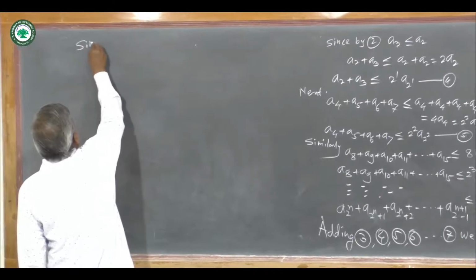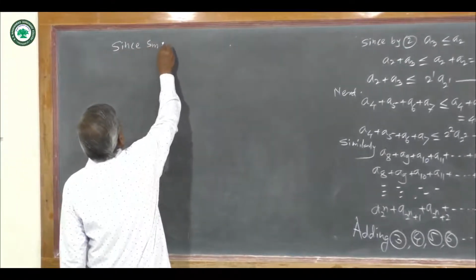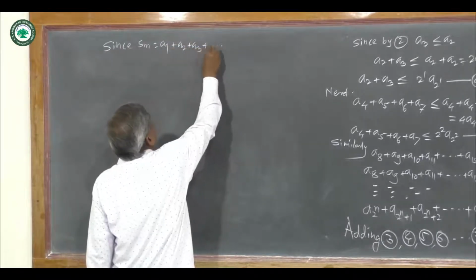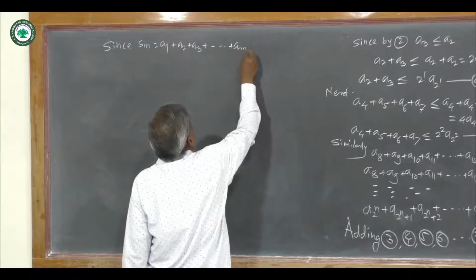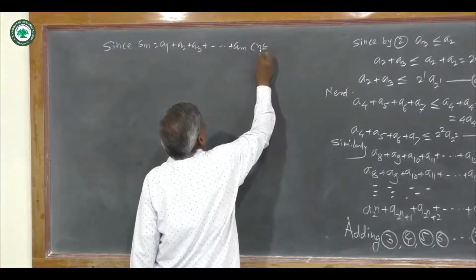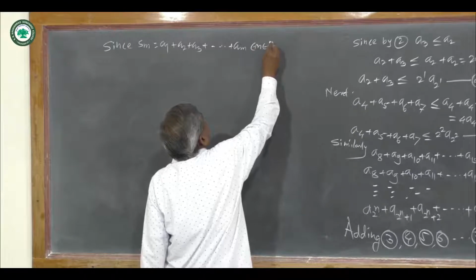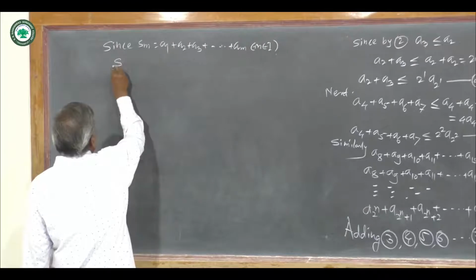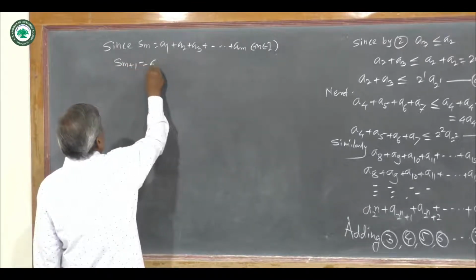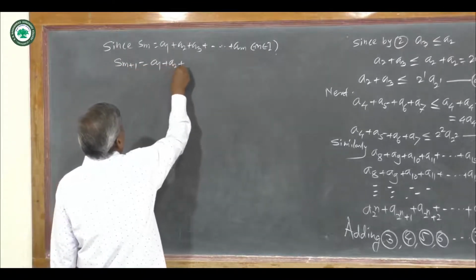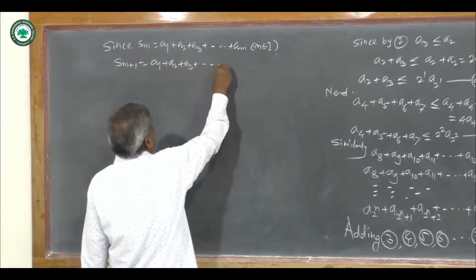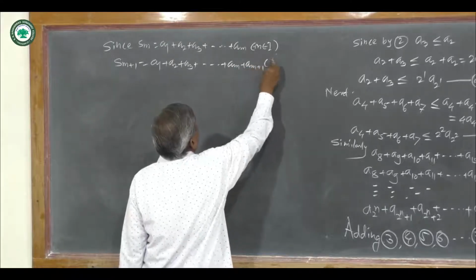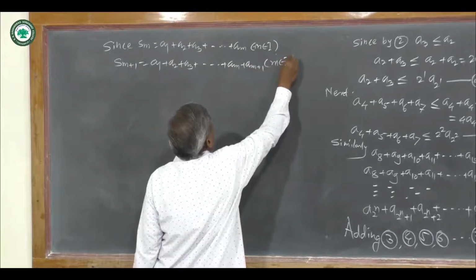Since S_m is equal to a1 plus a2 plus a3 plus and so on up to a_m for every m belongs to I, S_(m+1) is equal to a1 plus a2 plus a3 plus and so on plus a_(m+1) for all m belongs to I.